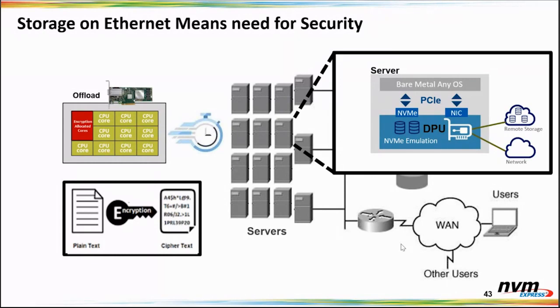So along with the new efforts, which are almost complete in NVMe.org, to add much more security to NVMe over Fabrics, the existing standards in Ethernet, and new ways to do it with devices like DPUs, are available today.